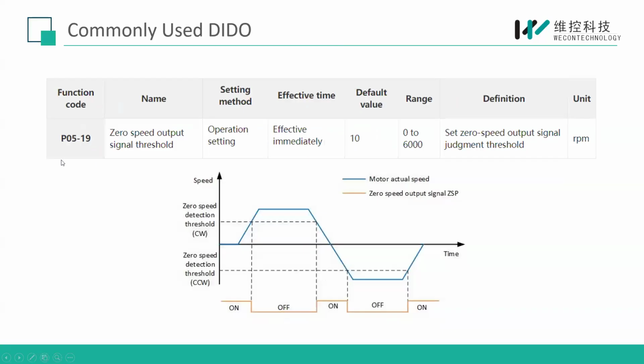And this P5-90 parameter, we can use this default value to take an example. Default value is 10 RPM.